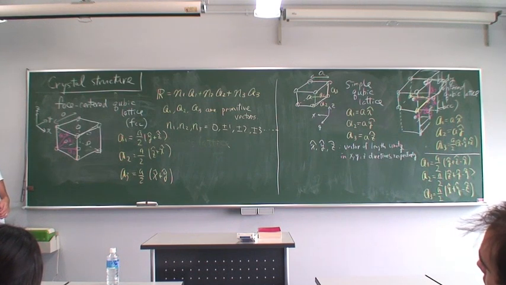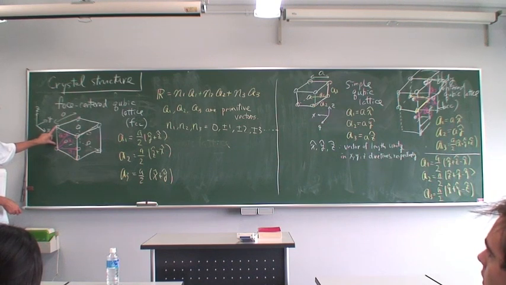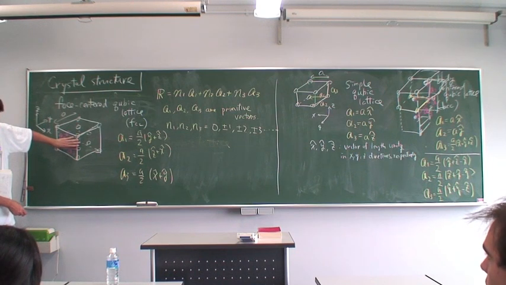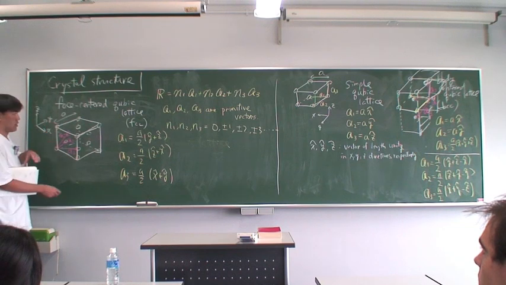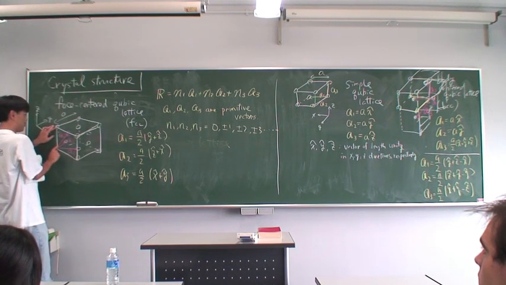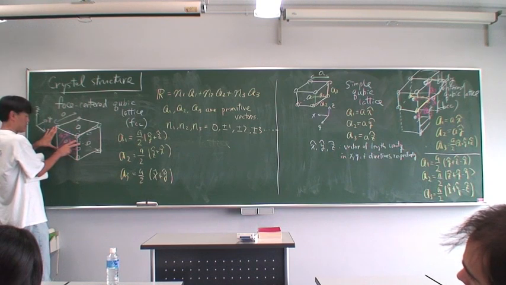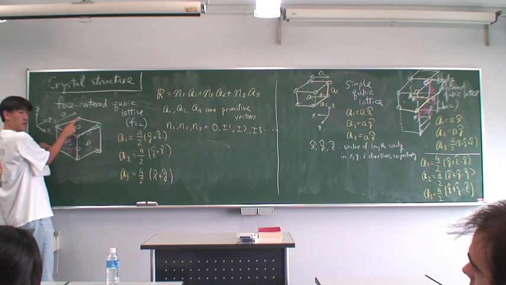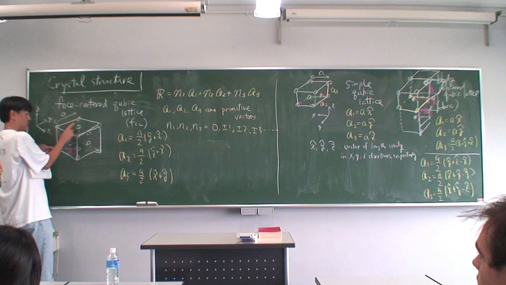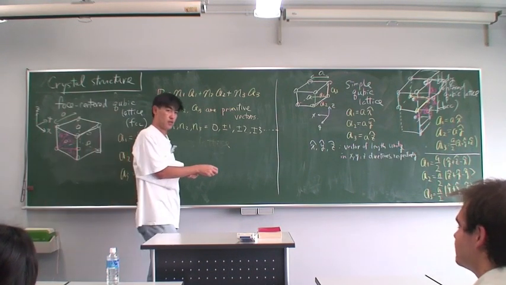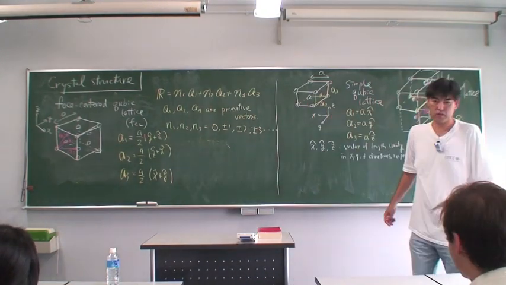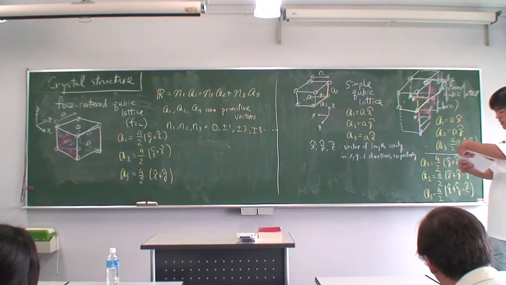You see, this is ay, and this is az. So ay plus az gives the vector from here to here, and divided by 2 is this one. That's fine.